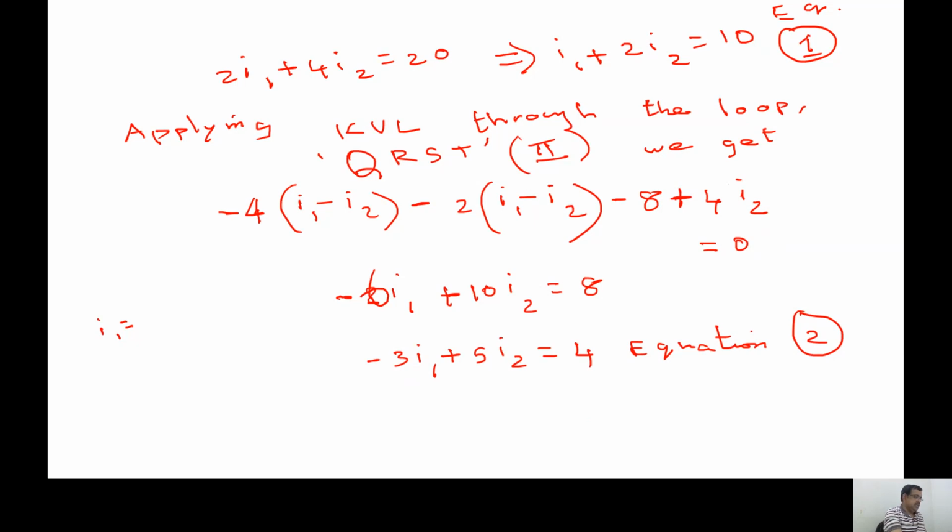If I solve it, I will get I1 equal to 42 by 11.